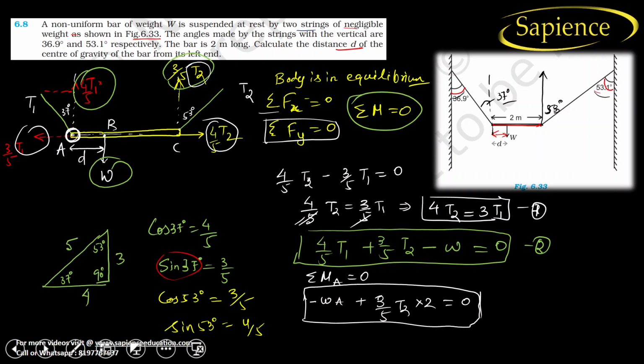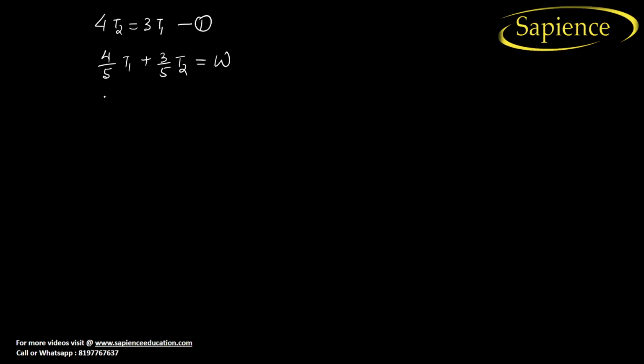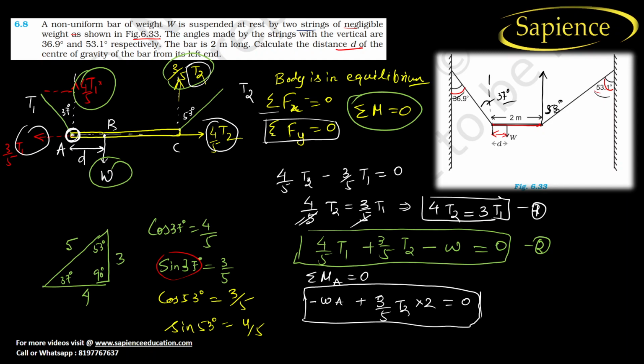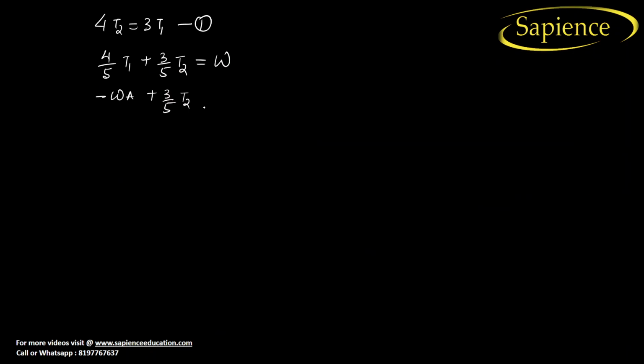This is the second equation, and third equation is minus omega a plus 3 by 5 t2 into 2 is equal to 0.